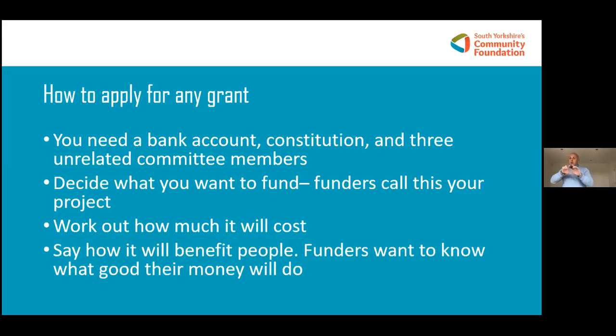You might be a social enterprise that's a company, community interest company or company limited by guarantee. You might be a charity, but you need to have some form of formal structure. You also need to have at least 3 unrelated committee members. Any sort of grant scheme won't look at individuals, it wants to see that there's a group there, so it needs to be at least 3 people.